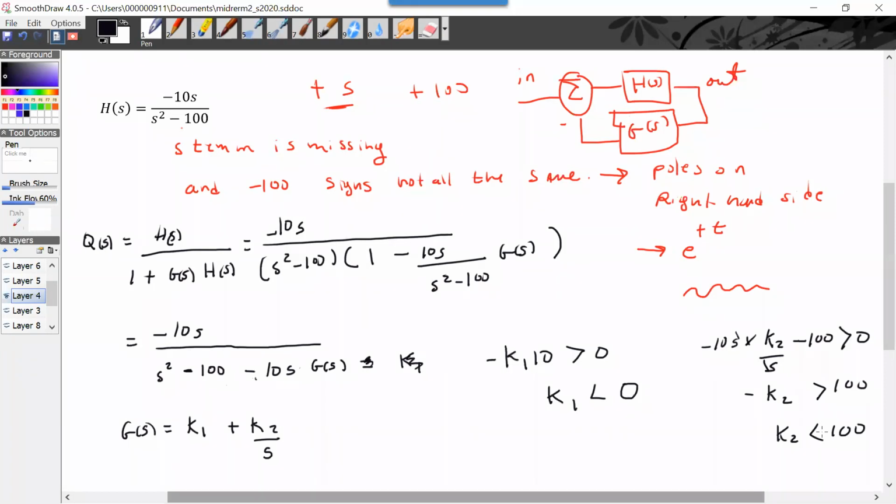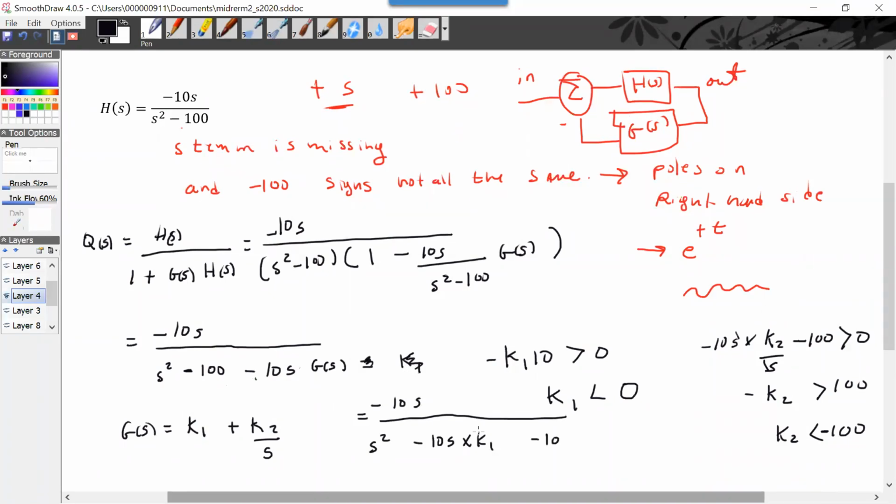K2 has got to be negative. To see this more fully, I have S squared. Right here I have minus 10S times K1.